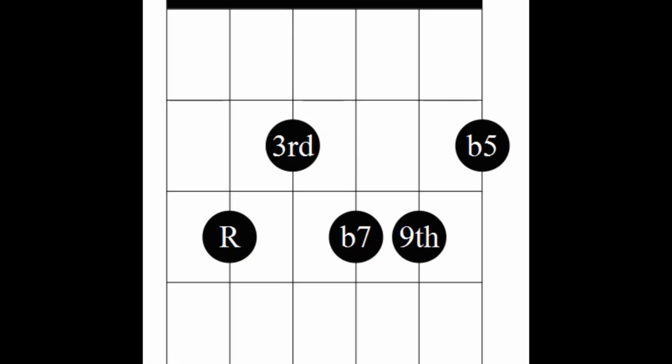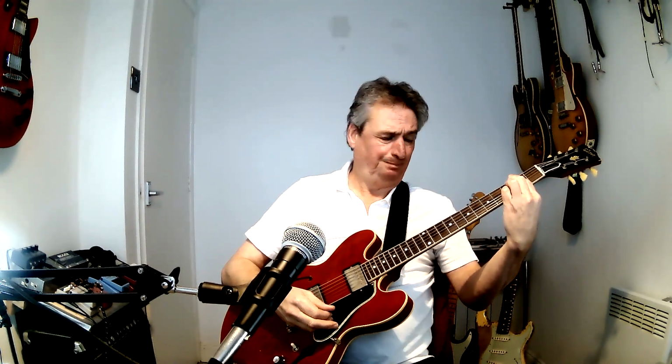What else might we have? Well, 1, 3, 5, 7, 9, flat 5. So that's C9, flat 5. Now, it's a bit of a mouthful, but at least there's a recipe there. We could have a C9 with a sharp 5.